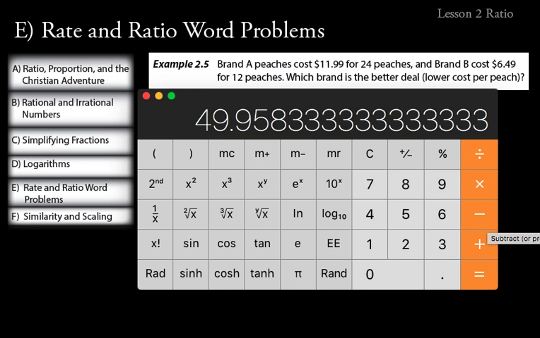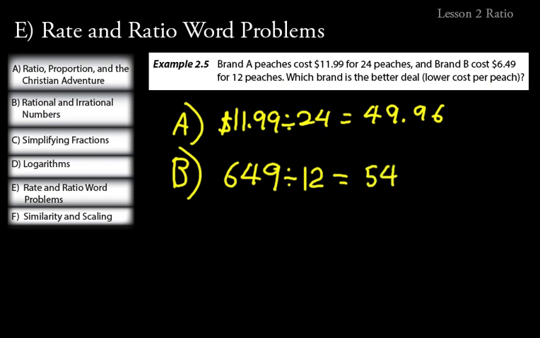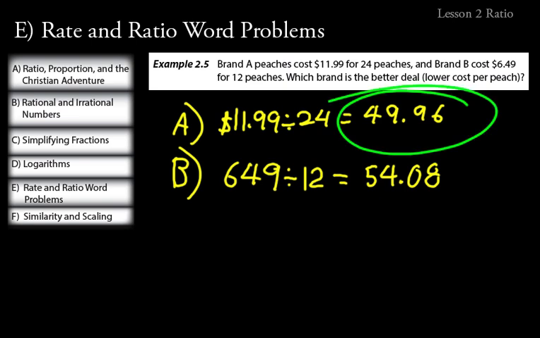We round up there to 50 cents. And then for brand B, we have $6.49, or we could just say 649 cents divided by 12 peaches. That equals 54.08 cents per peach. So because brand A is a lower cost per peach, we'd say that's the better deal.